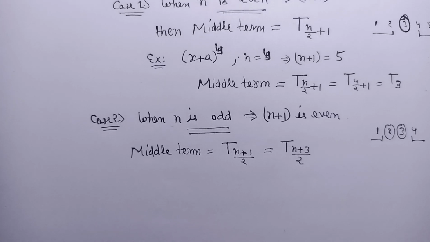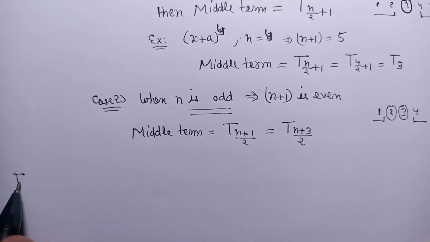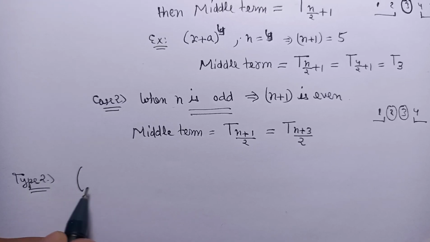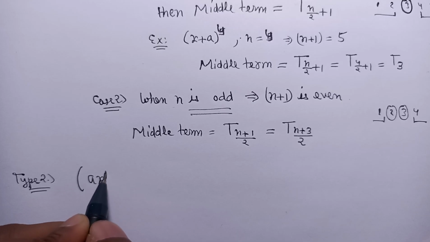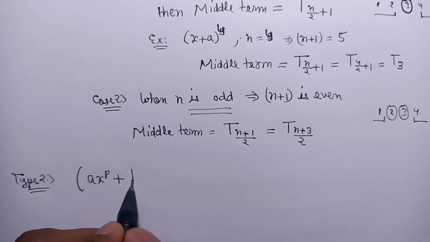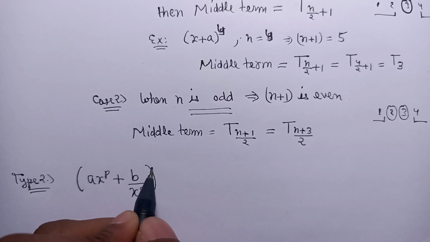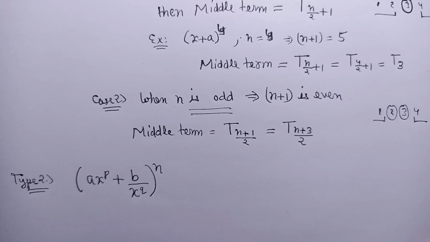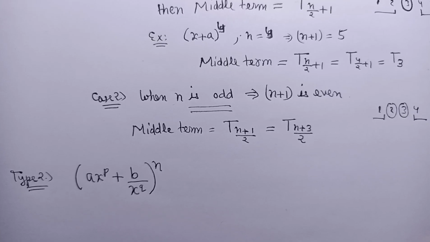Okay, next expression, type 2. Suppose you have an expression like (a x^p + b/x^q) whole power n. This type of expression. So how to find the general term, or how to find any term, whatever they are asking.